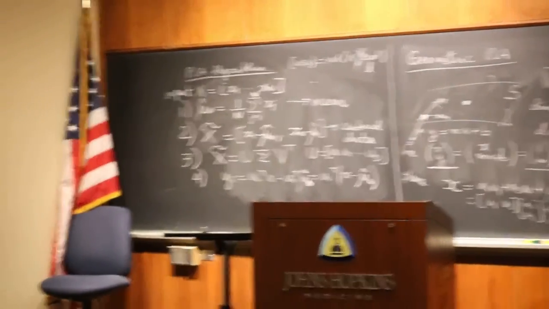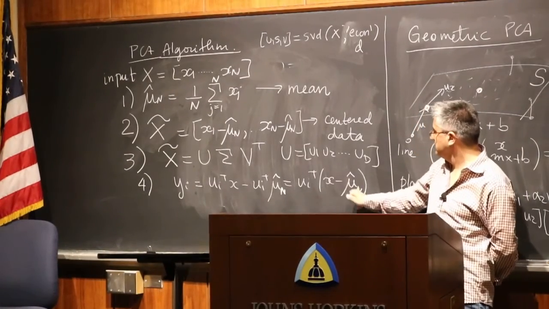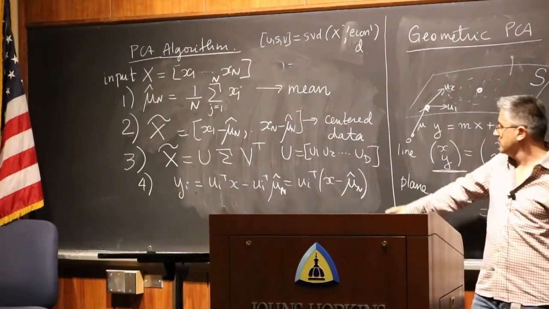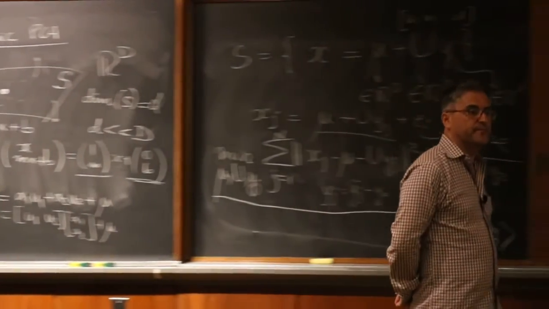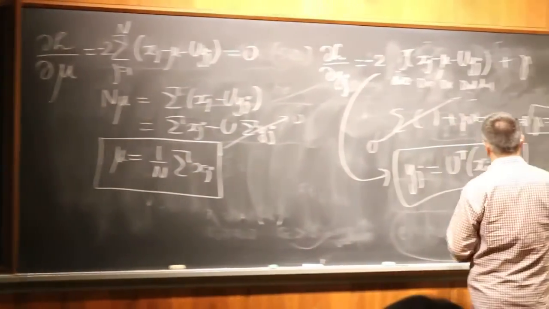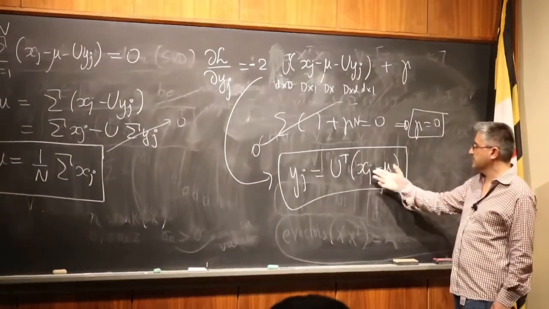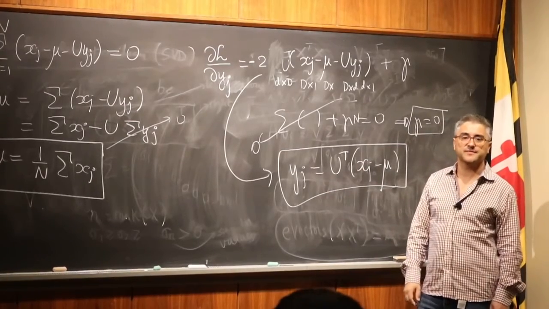It's exactly here: it's going to be u transpose x minus mu, except that here it was for one principal component, but I got it there for all of them. So this is simply saying that you take the data, you subtract the mean, and you project, and that gives you the principal component.